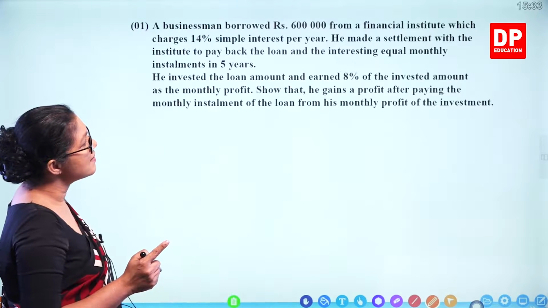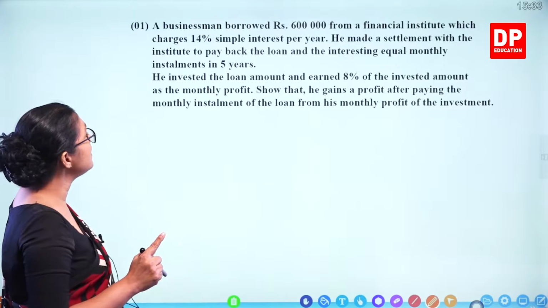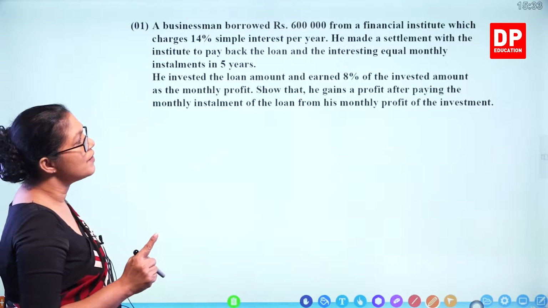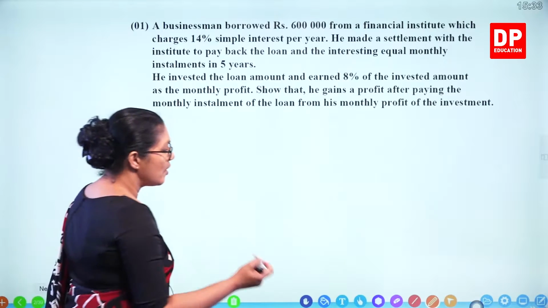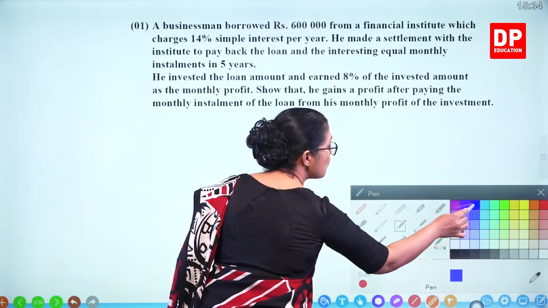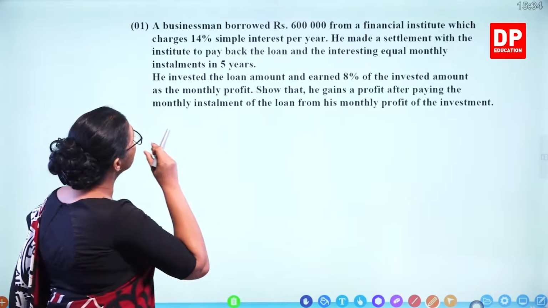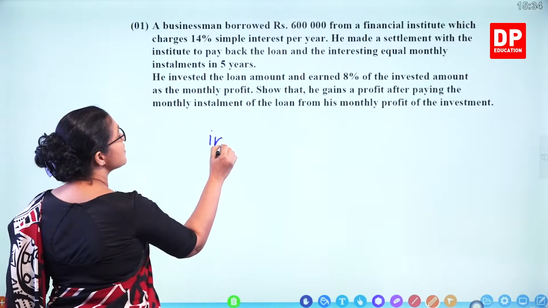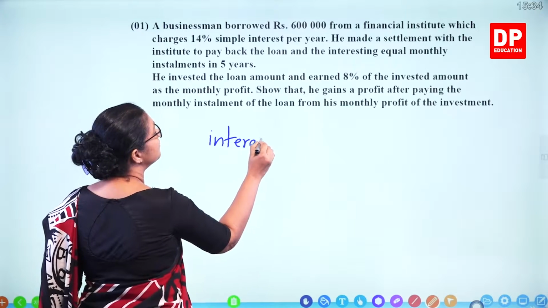Show that he gains a profit after paying the monthly installment of the loan from his monthly profit of the investment. So we can first find out the interest per year.